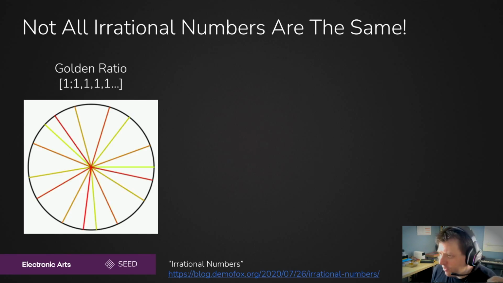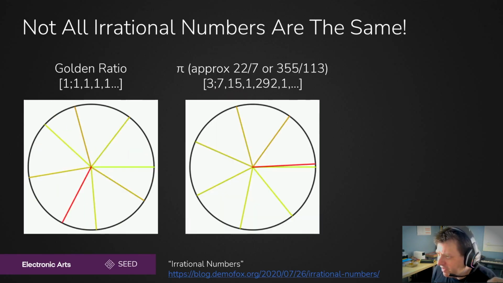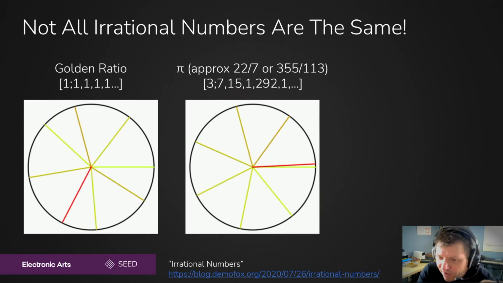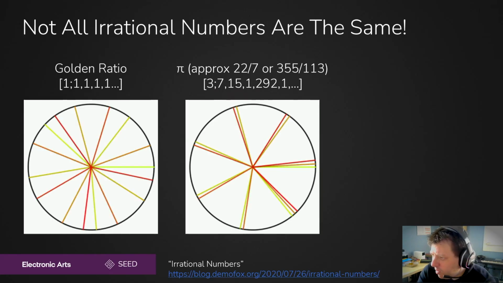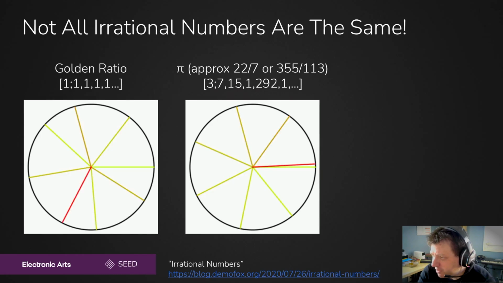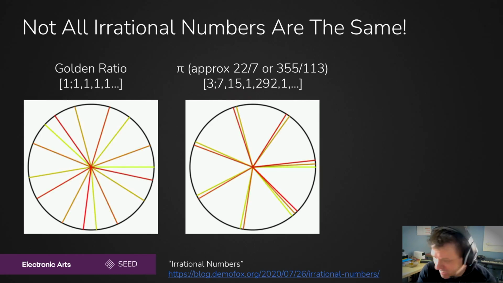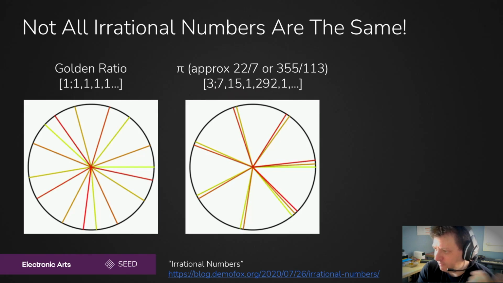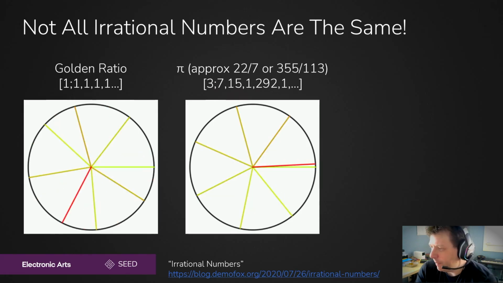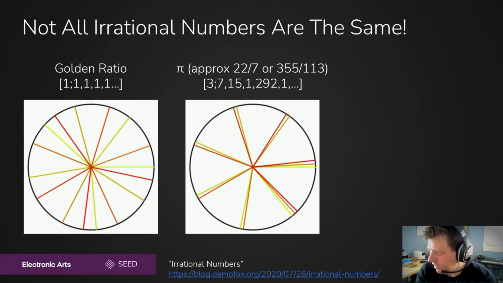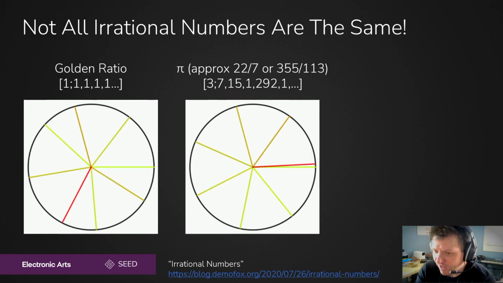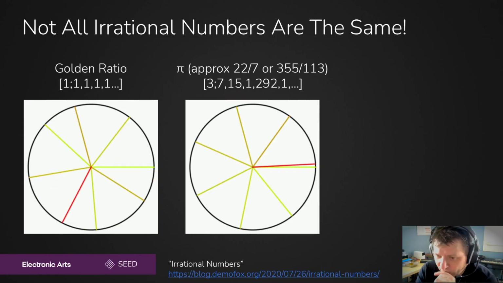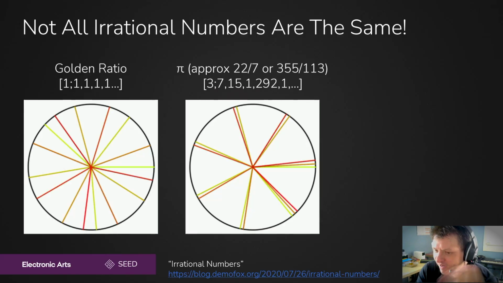So let's look at another irrational number, and that one is pi. Another popular one. So, pi is kind of like the poster child for irrational numbers, which is funny because if you look at it being used for the same purposes of random number generation, pi just kind of goes around the circle in order, and it nearly repeats itself every 7 steps. And so this shows that pi is very nearly rational.